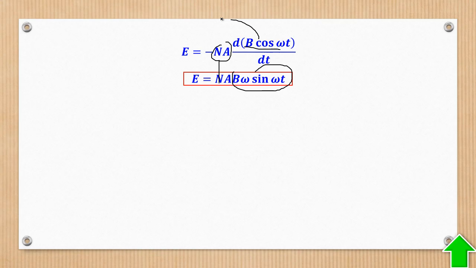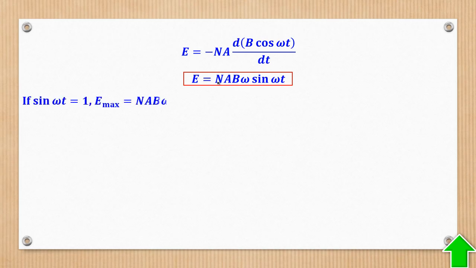So the negative here with this negative gives a positive. That's why you're not seeing a negative here. So this is the expression for EMF induced in a rotating coil.